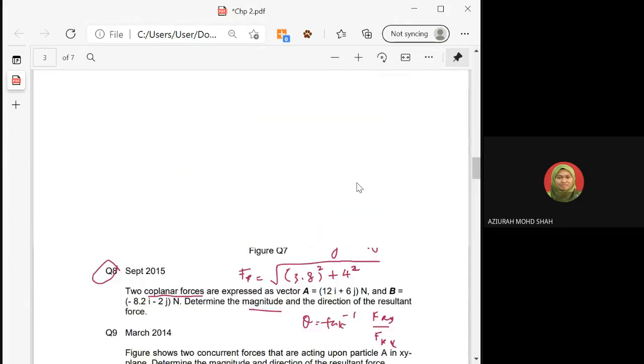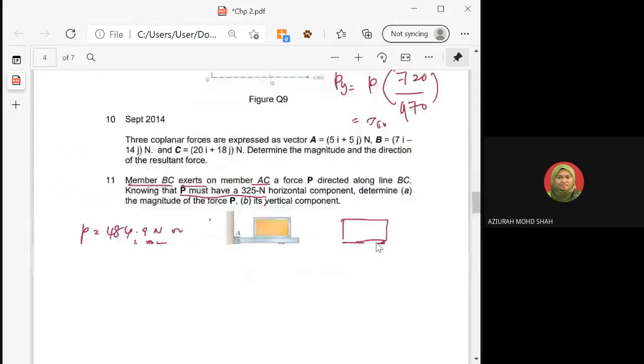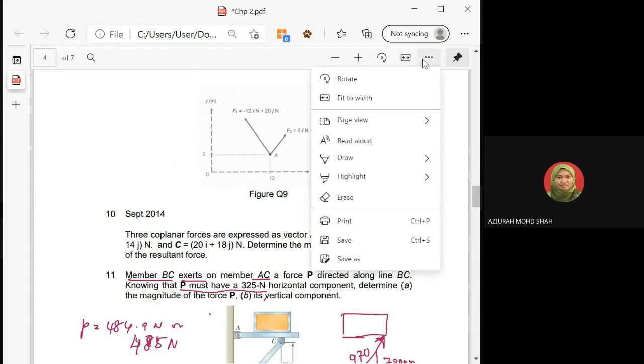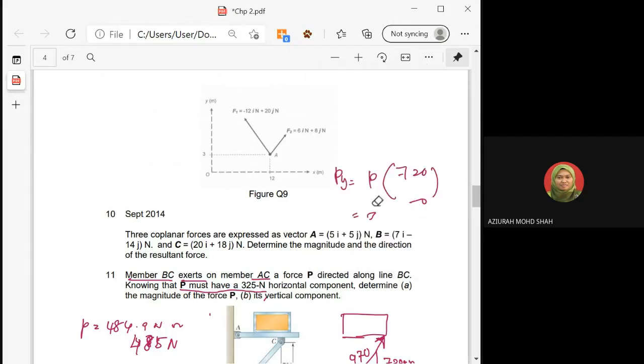Aish, ni semua dah terkira. Ingat tak soalan yang ni pun. Ingat tak soalan mana yang buat minggu lepas?